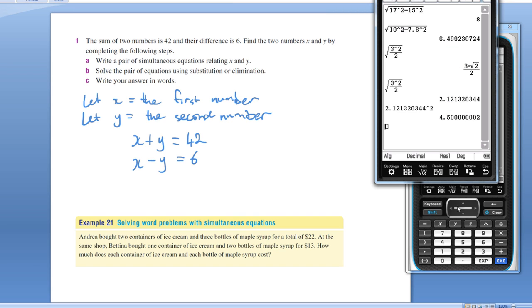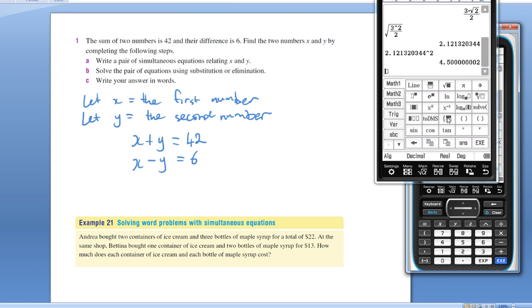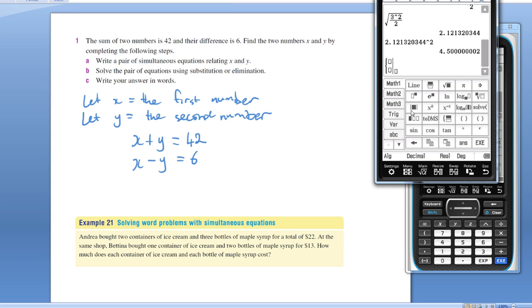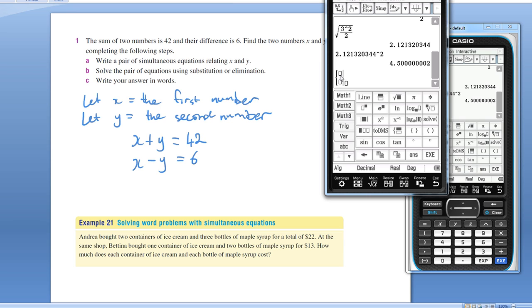So let's go to main and keyboard. What you want is the simultaneous equations template. The first equation goes in here, second equation goes there, and x comma y there, or whatever your unknowns are. So let's type in our first equation: x plus y equals 42, and our second equation is x take away y equals 6, and x comma y there.